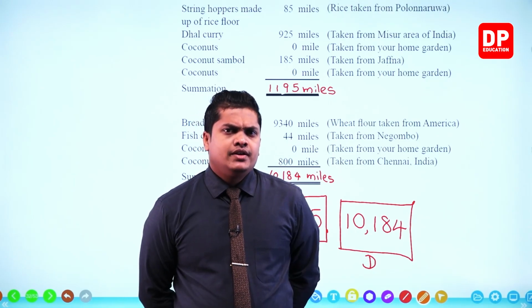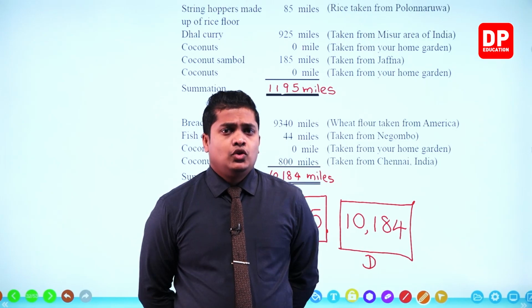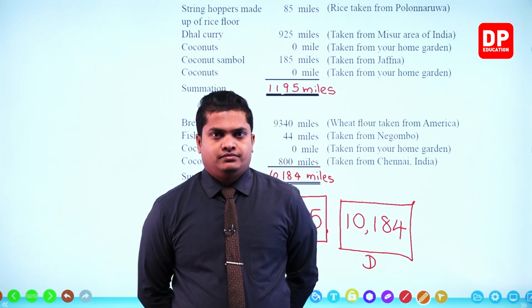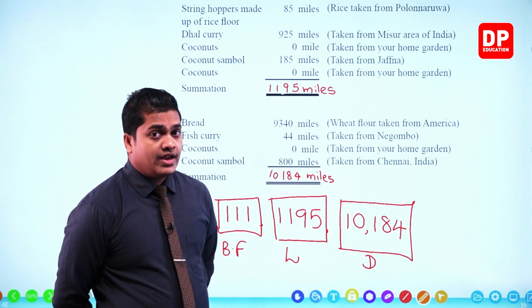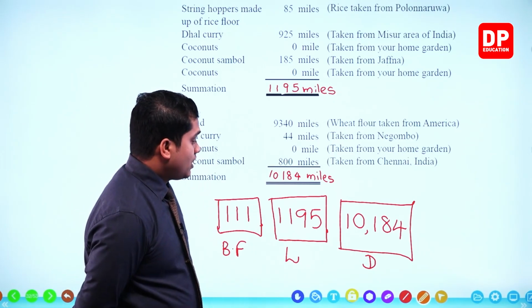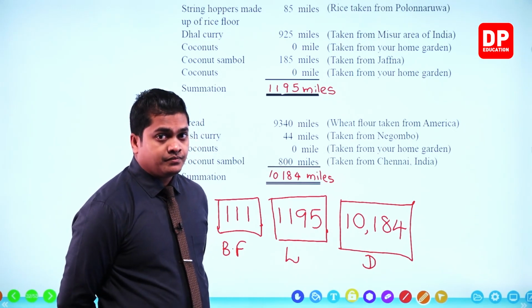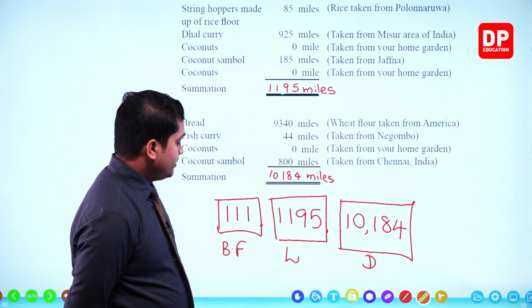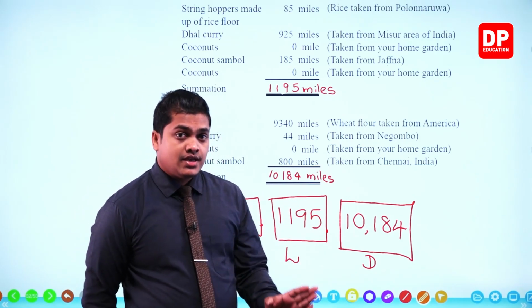What will happen if the food item is traveling a somewhat longer distance? Like in the second example, for the lunch, it has traveled around 1,195 miles. So that means, my dear children, a greater distance has been traveled.